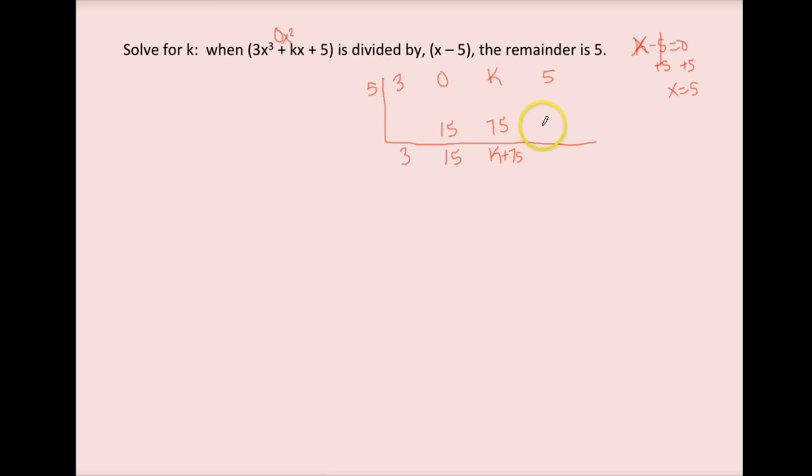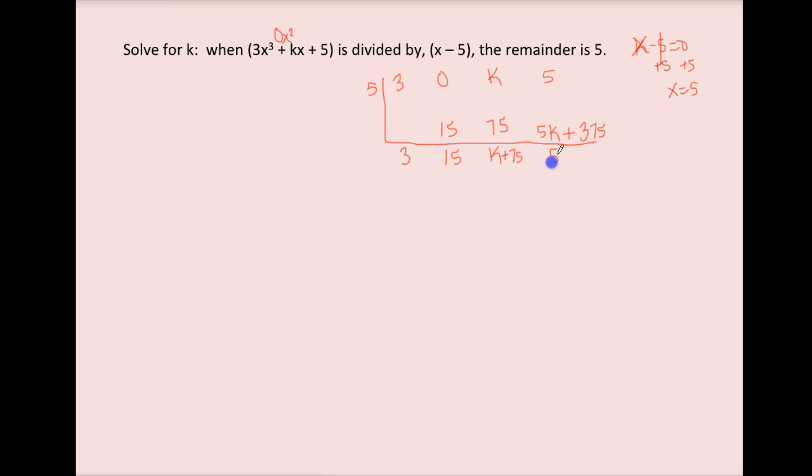We multiply 5 times k plus 75. Well, 5 times k gives me 5k, and 5 times 75 gives me 375. And we add straight down. Again, the 5k can't be added to 5 because they're not like terms, but 5 and 375 can be added.